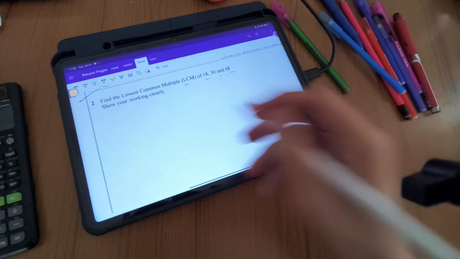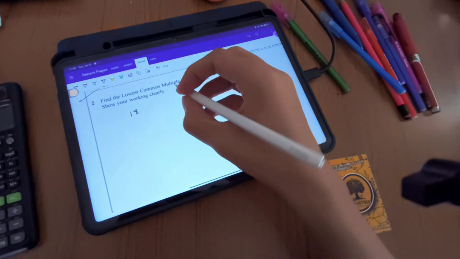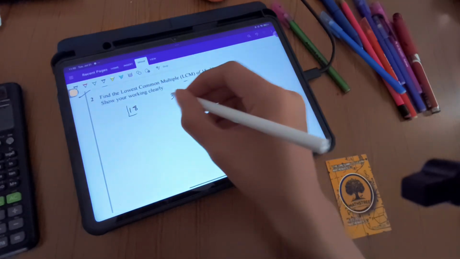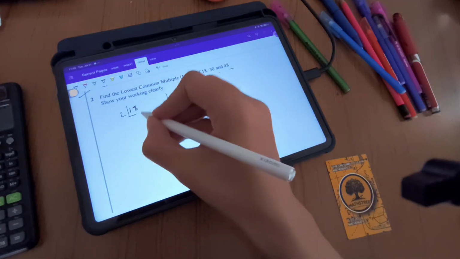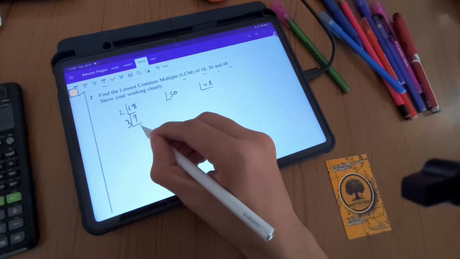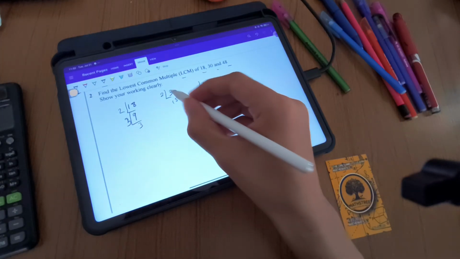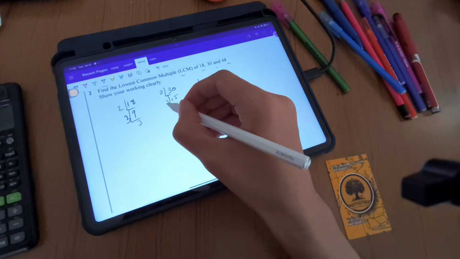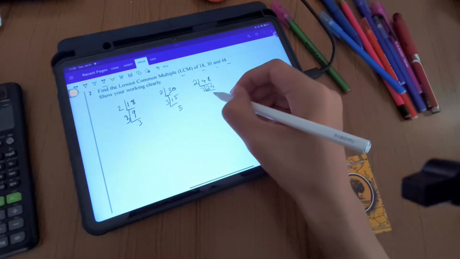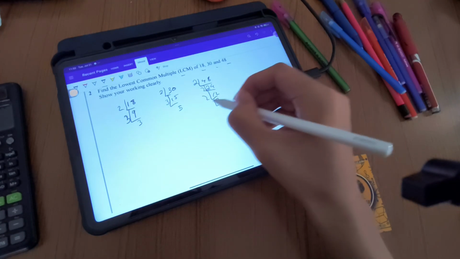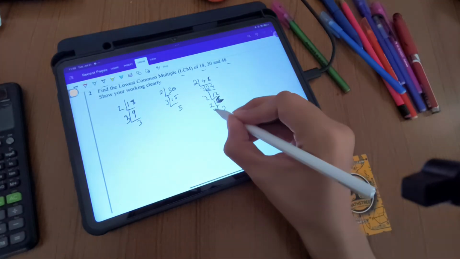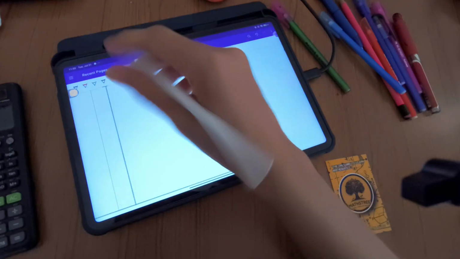So simply what we do is write down the division of this. We find the factors of all of these three. 18 gets divided by 9, which furthermore gets divided by 3. 30 gets divided by 15, then by 5. 24 is divided by 2, 12 divided by 2, 6 divided by 2, 3 divided by 3, giving 1.